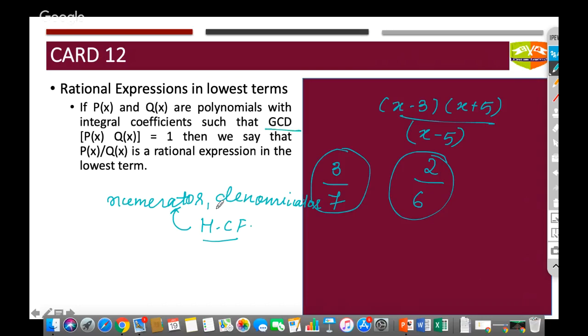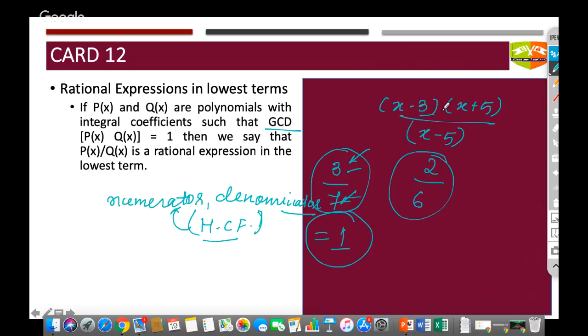The greatest common divisor, or HCF, of numerator and denominator should be 1. If the HCF is 1, it means there is no common factor between numerator and denominator, so nothing can be cancelled out; the common factor is 1.